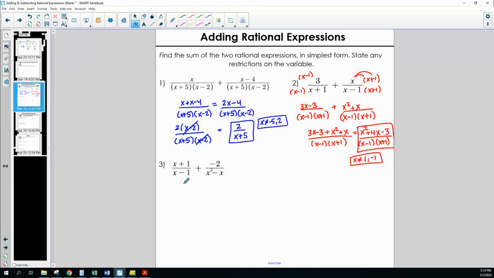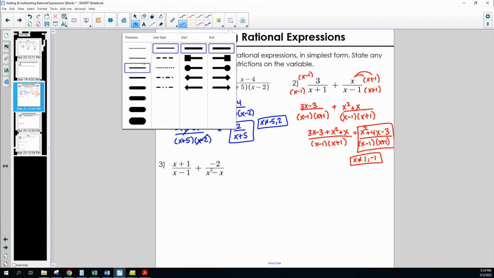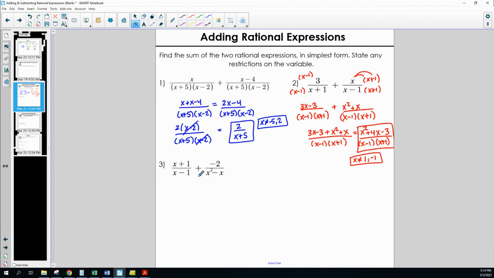Okay, and then we're going to look at this last question for adding. So here we can see that the denominators right now are not the same. So what we want to do if the denominators are not the same is factor them if we can. So in the example for number 2, we couldn't factor because x plus 1 and x minus 1 were already factored. So here, I'm just going to rewrite this.